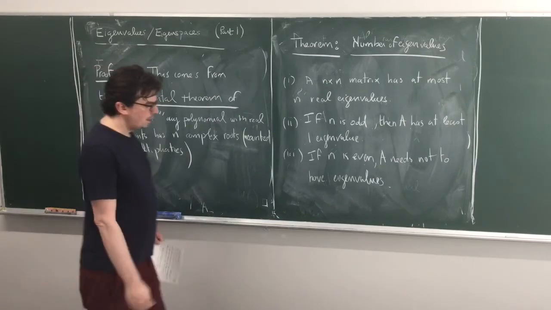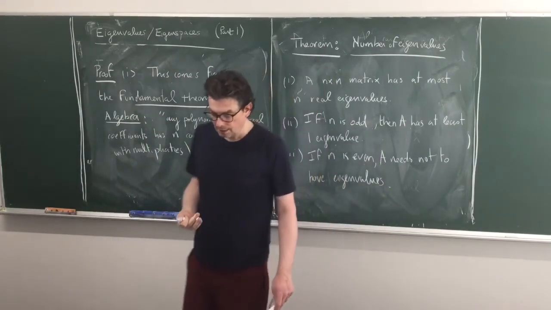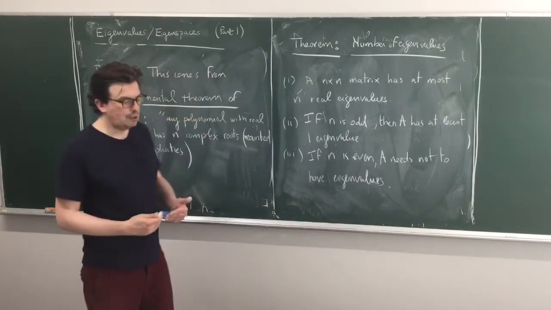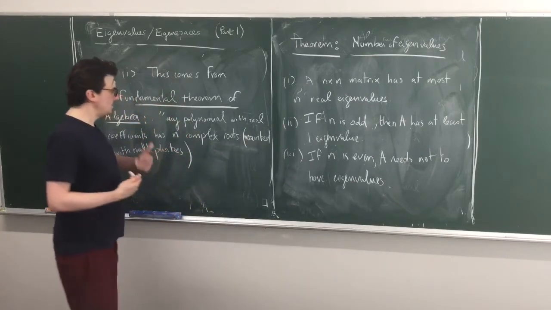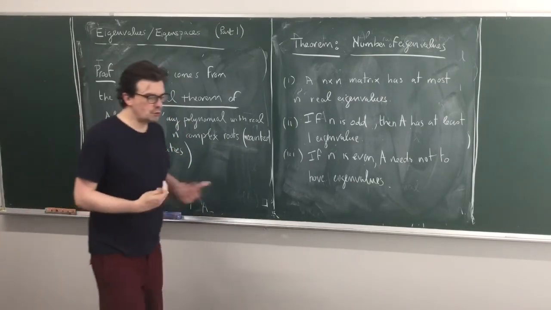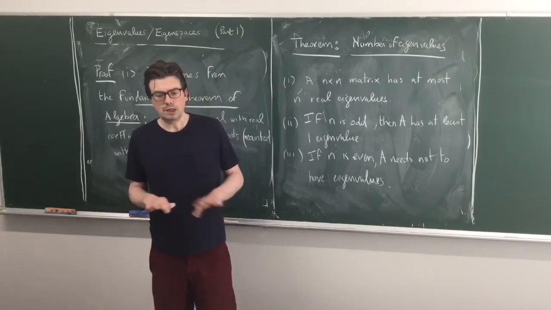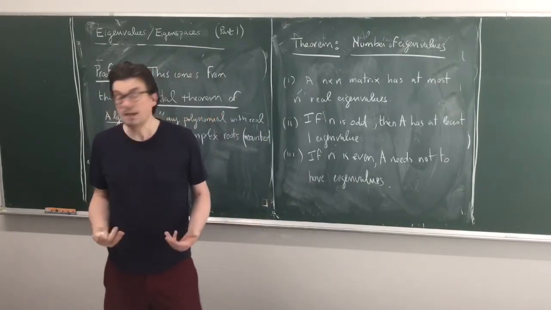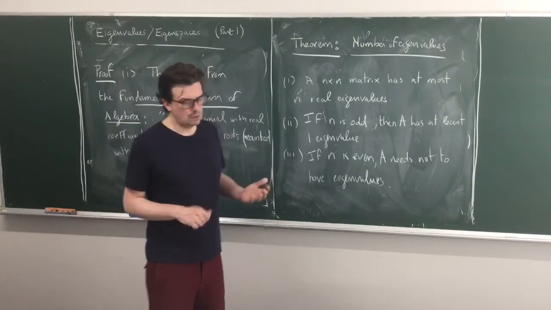Okay, so if you go in the complex numbers, then any polynomial of degree n will have exactly n roots, but of course they can be the same. And actually if you have one root which is purely complex, then its conjugate is also a root. So for example, if i is a root, then minus i is a root.